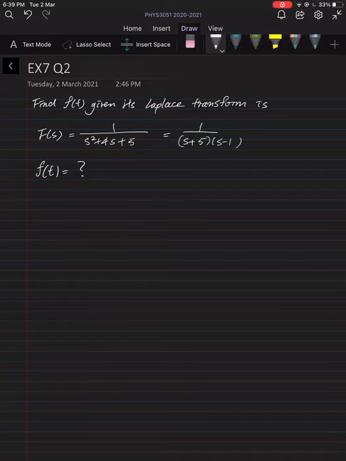Is it correct? Wait. But you shouldn't have a minus 1 here. It should be a plus 5 times minus 1, which is minus 5.